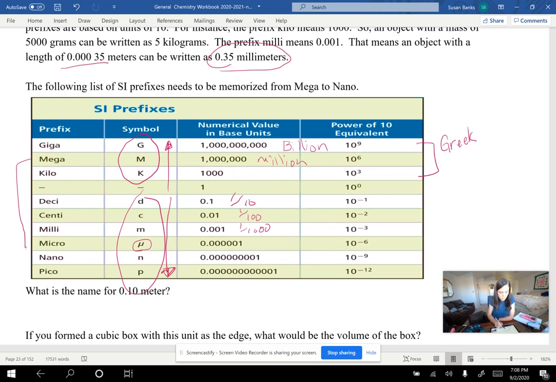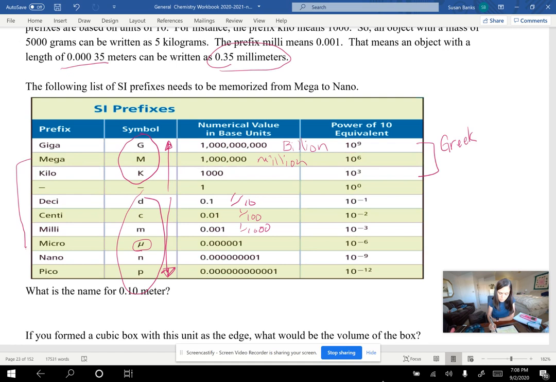Micro is 1 out of 1,000,000, or 1/1,000,000th, so 10 to the negative 6. Nano is 1 out of 1,000,000,000 with a B, so 10 to the negative 9th. And pico is 1 out of 1,000,000,000,000. So this gets super small when we're measuring pico anything. Okay?